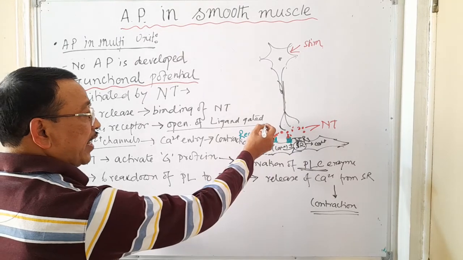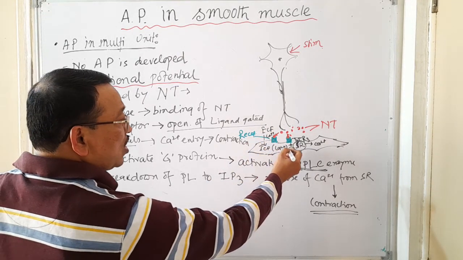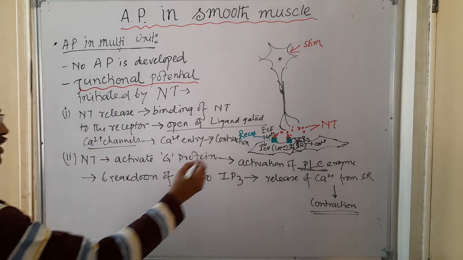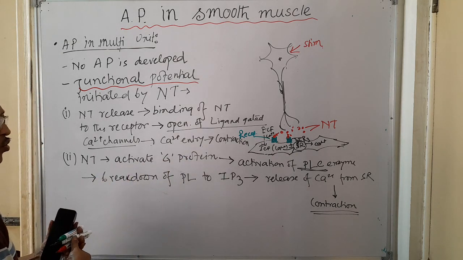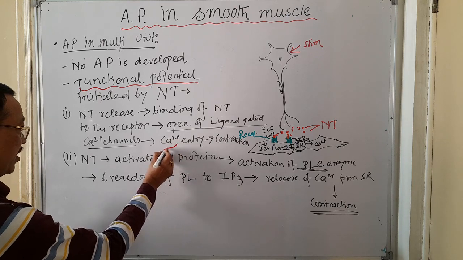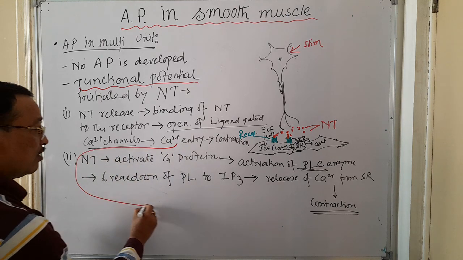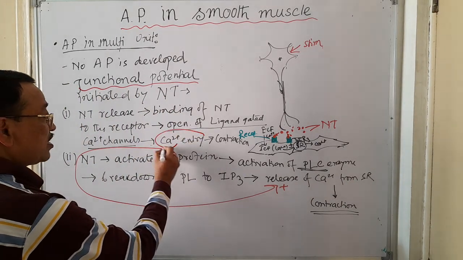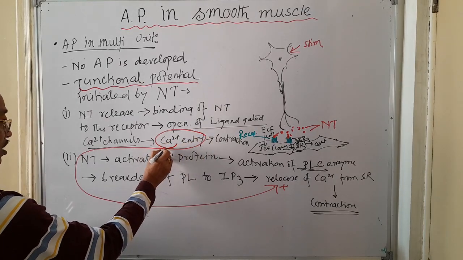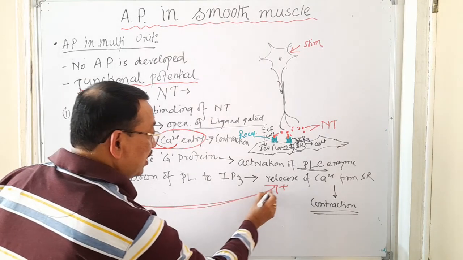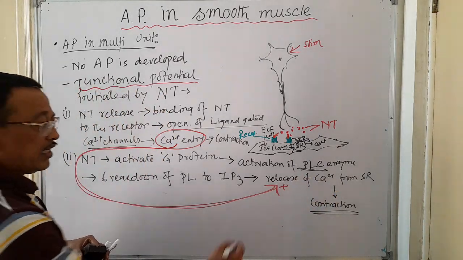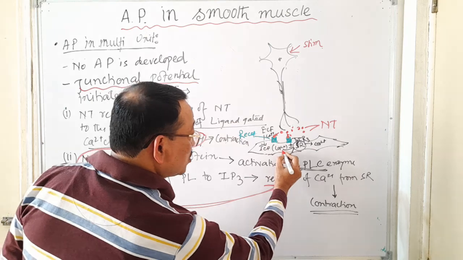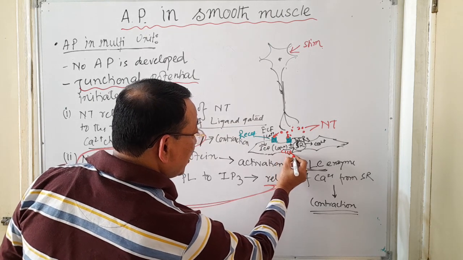So calcium ion from the extracellular source also triggers the release of the calcium ion from the sarcoplasmic reticulum, and that mechanism is known as the calcium-induced calcium release.